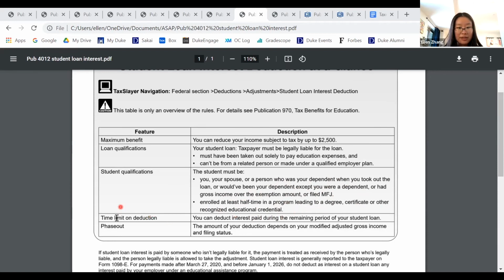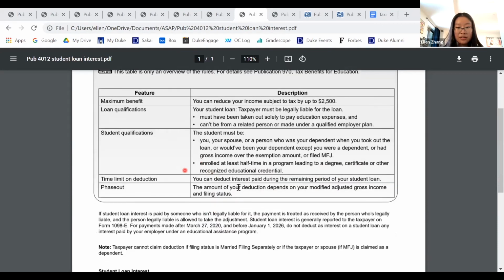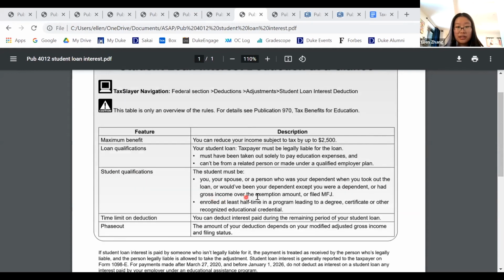And for the time limit on the deduction, you can deduct interest paid during the remaining period of your student loan. So throughout your time repaying your student loan, you can always take this deduction. We'll see in our next lesson that there are certain credits and deductions where you can only take a certain amount of times during your life.